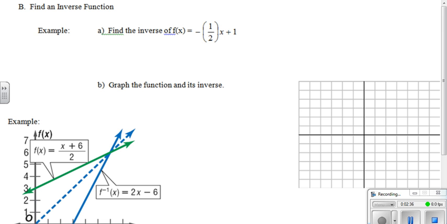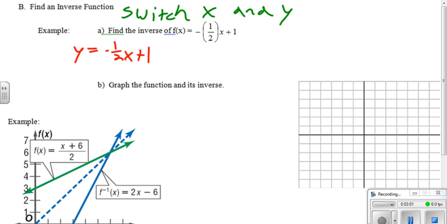So if we want to find the inverse function, remember, the trick is always to switch x and y. If we want to find the inverse of f of x, where f of x is negative 1/2 x plus 1, instead of calling it f of x, let's say y equals negative 1/2 x plus 1.